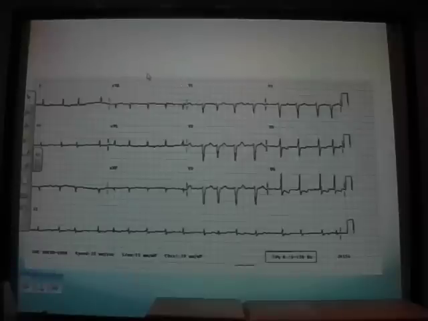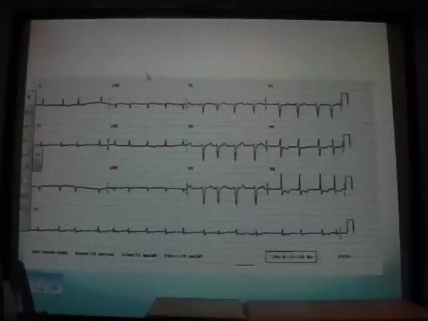Have a little look and tell me what you think. So the rate's about 96.